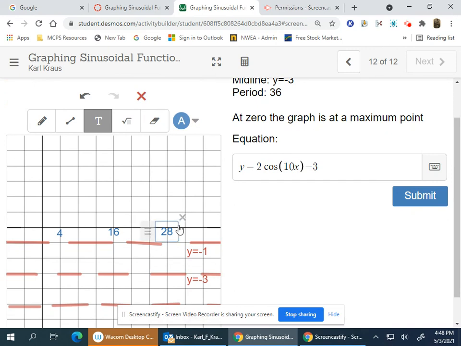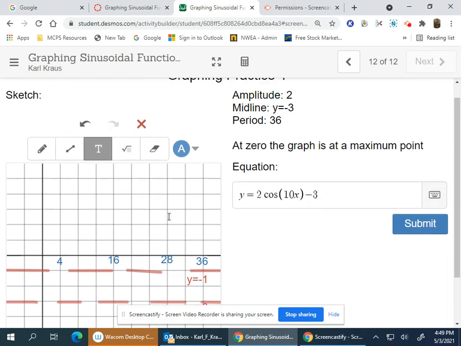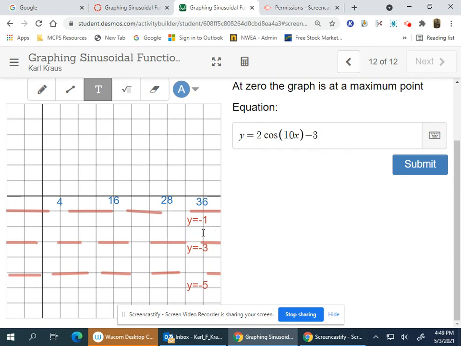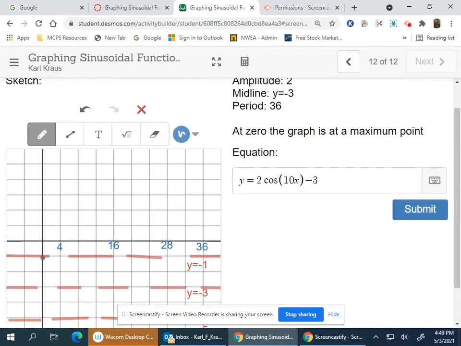All right, so it's a cosine curve, positive. We're going to start at a maximum, 36.